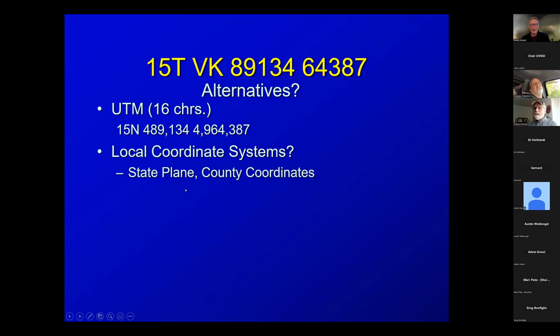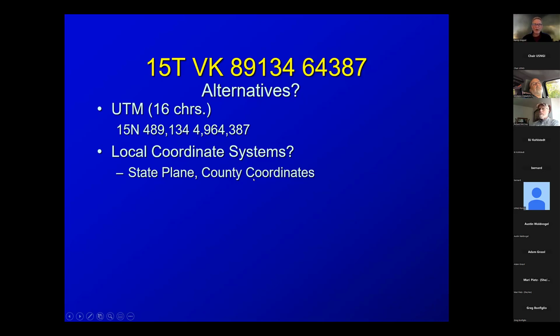What about local coordinate systems? Every state has a state plane coordinate system. The State of Minnesota actually has 3 state plane coordinate systems: a north, a middle, and a south. Also, there are local coordinate systems. In Minnesota, we have county coordinates, and there are good reasons for using that when we're mapping parcels and we want to make sure we're able to measure accurately for property lines, and that the coordinates we have are going to translate very accurately to GPS.